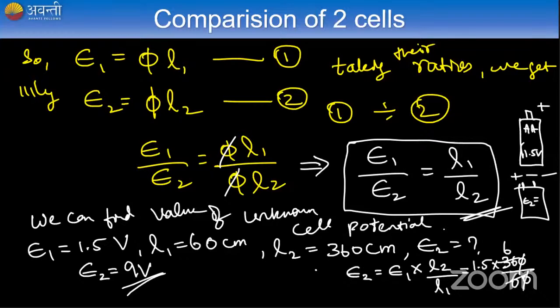If you have a very small valued voltmeter, you can't measure the least values of voltages. In those cases, this potentiometer comes in handy to calculate very small values of EMFs. That was one application.